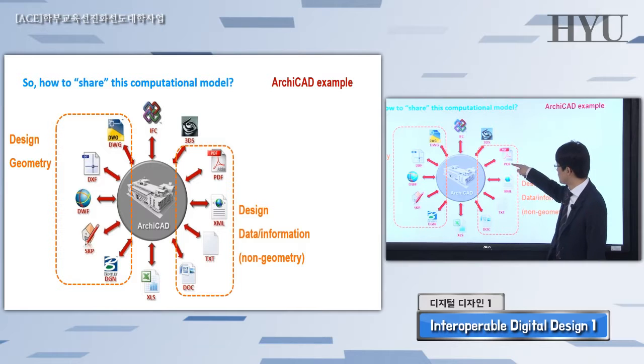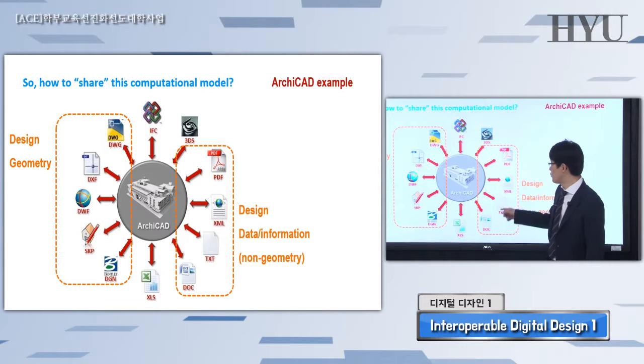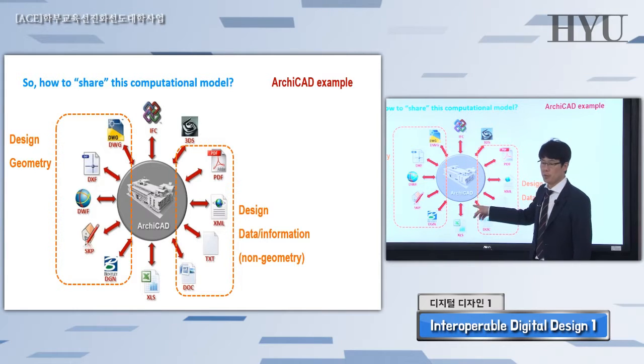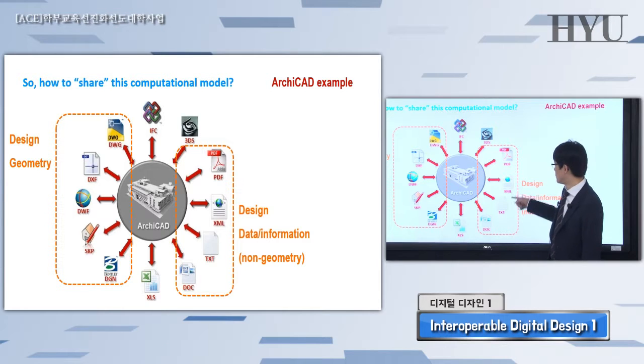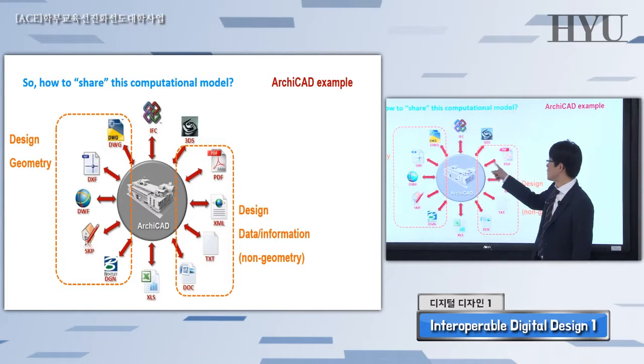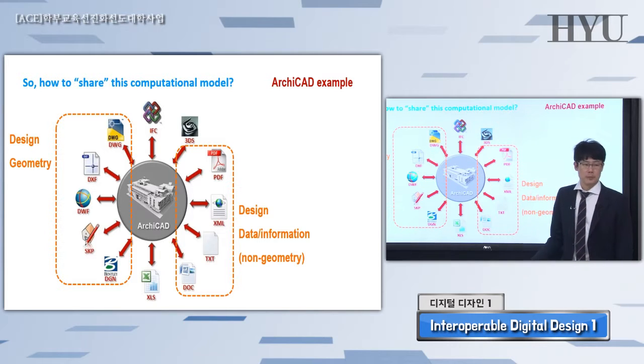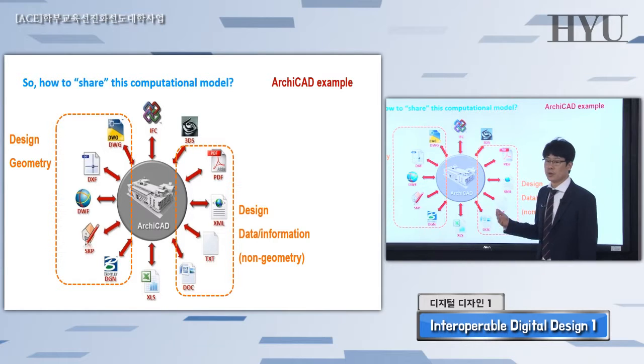And take a look at PDF, XML, text, Word file, Excel file. You are curious why they are here, but actually you can import a text or Excel file and so on, or vice versa. You can export some PDF file from the model, for file sharing purposes or some other reasons.